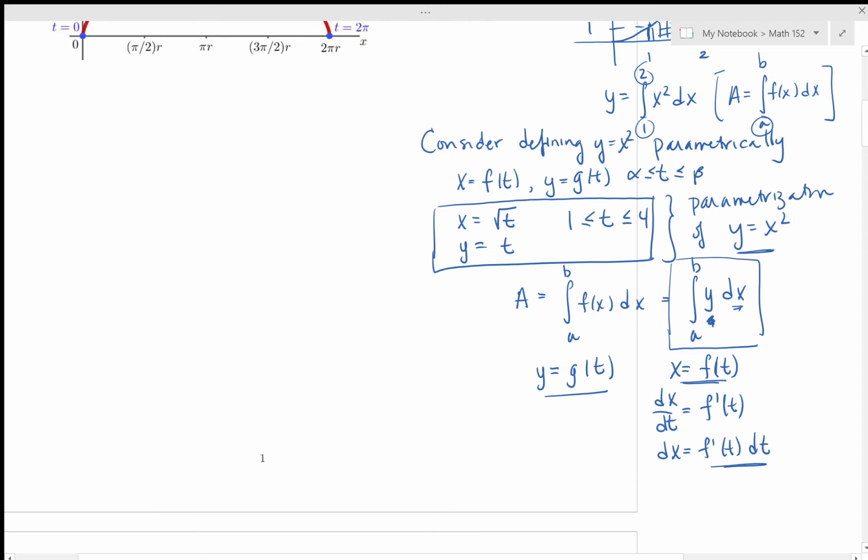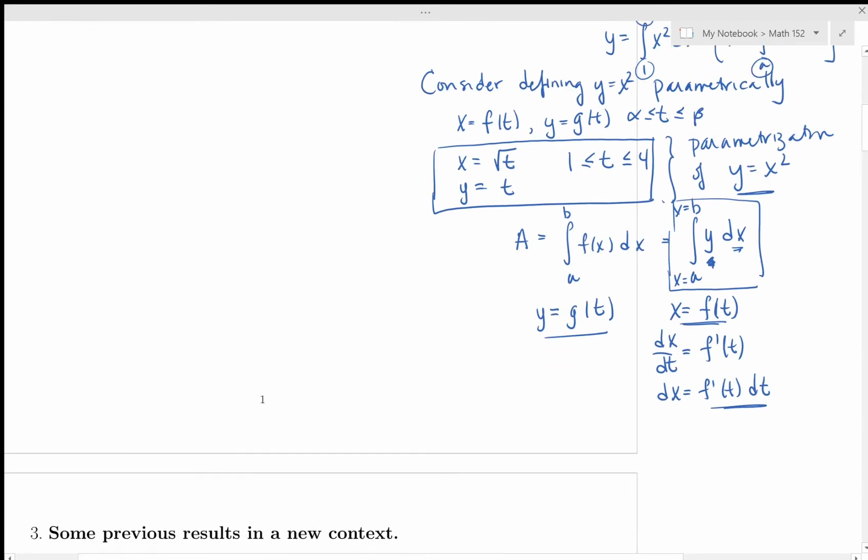Now I need to cover the whole range. x goes from A to B. And in order to have the whole area that we're attempting to integrate covered, I have to make sure that t goes from some other numbers, alpha to beta, such that when t goes from alpha to beta, x goes between A and B. So now I rewrite this area integral, what I would do for a parametric equation.